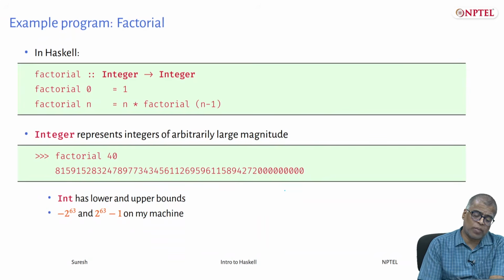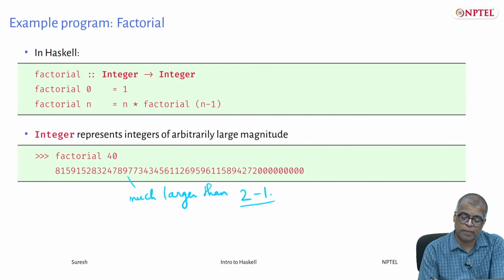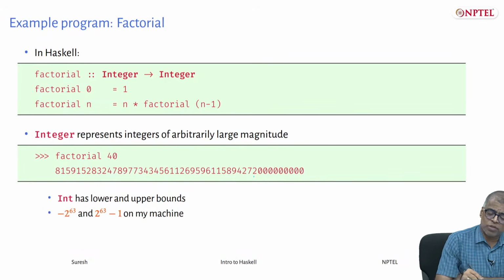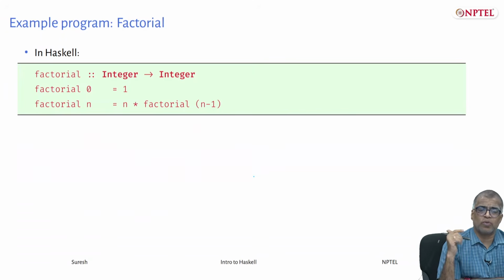Int has lower and upper bounds, minus 2 power 63 and 2 power 63 minus 1 on most 64-bit machines, but Integer doesn't have. Okay, fine.